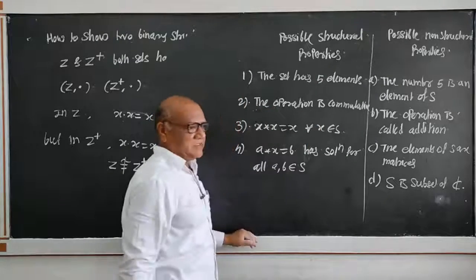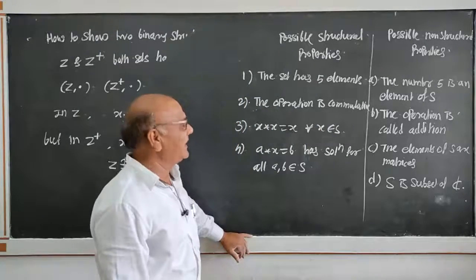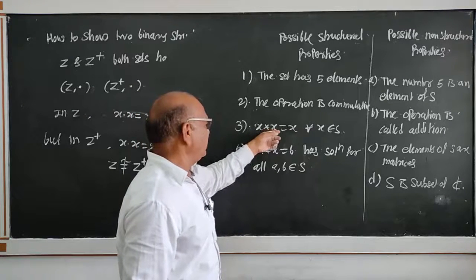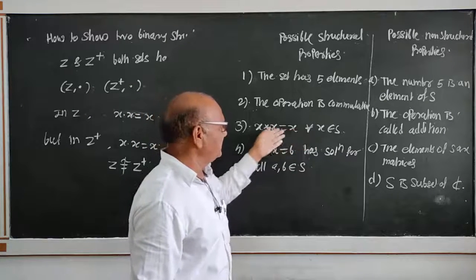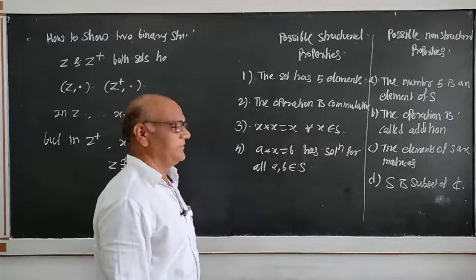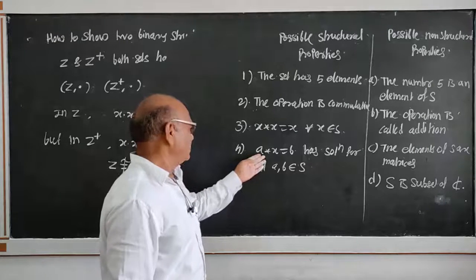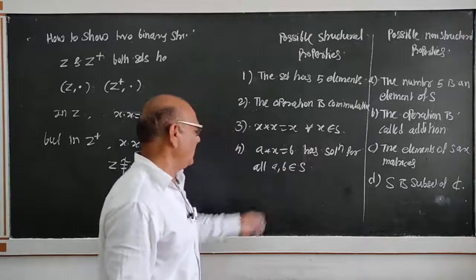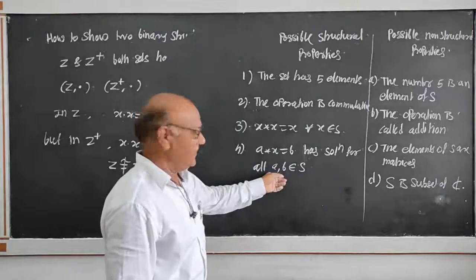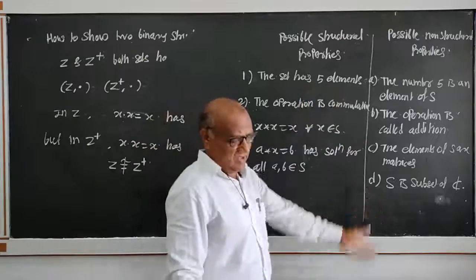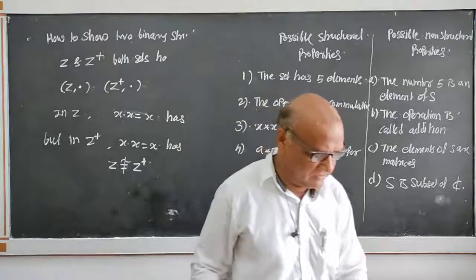Both operations are commutative, star and star dash. x star x is equal to x for all x, this condition is satisfied in both sets. Also a star x is equal to b has a solution for all a, b belongs to S. These are structural and these are non-structural properties.